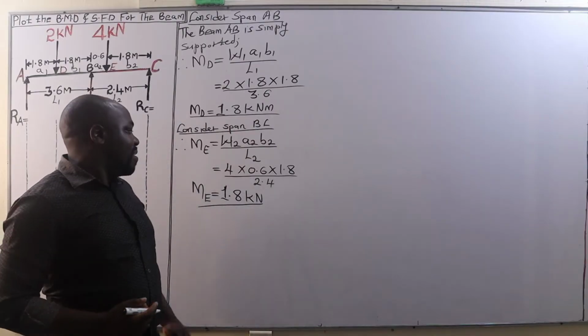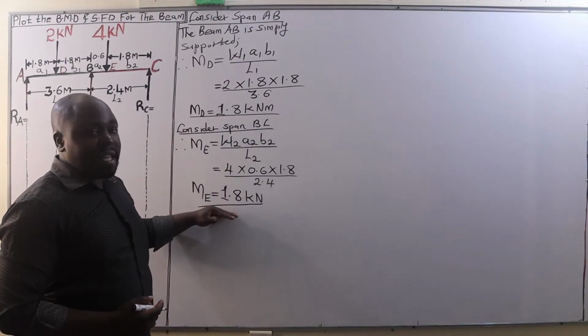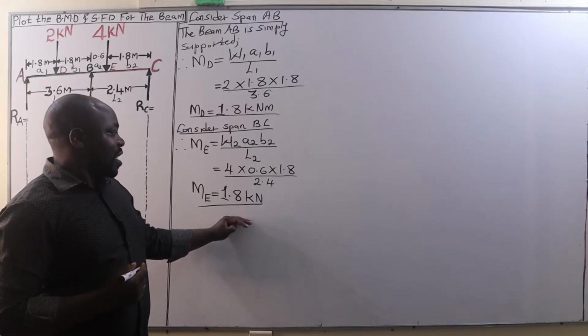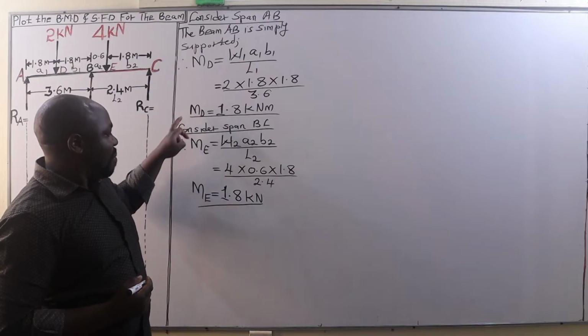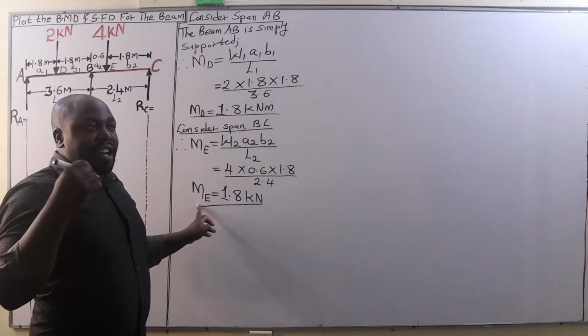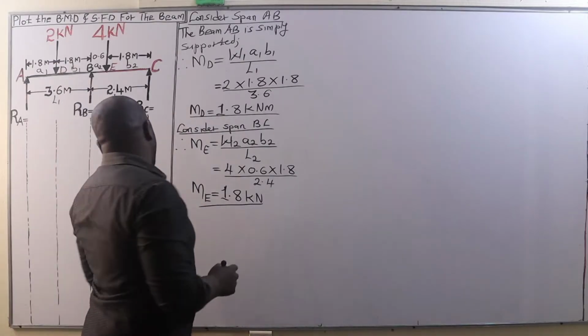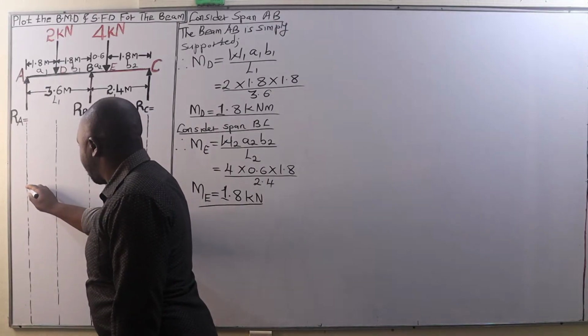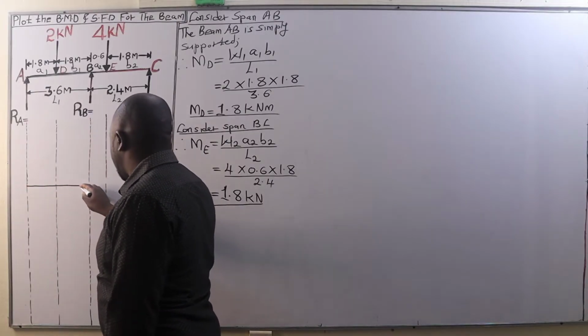After getting the bending moment at D as well as the bending moment at E, we are going to plot the bending moment diagram due to vertical loads. We have the line of origin here.